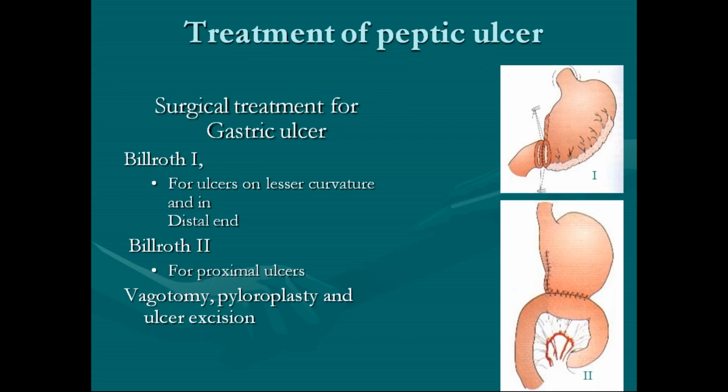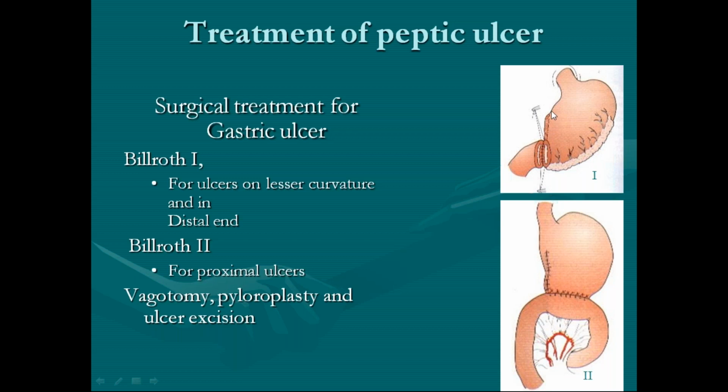Okay. Now coming to treatment of gastric ulcer. So gastric ulcer mainly for the ulcers on the C. This is Billroth 1 gastrectomy. So what you have done, you have resected the ulcer here. Billroth 1 is you have resected the ulcer present on the lesser curve or the distal stomach.